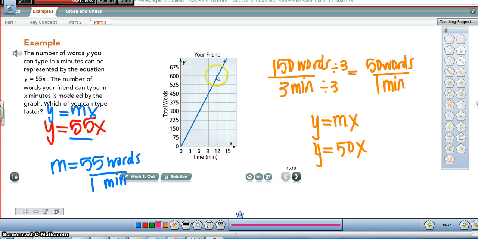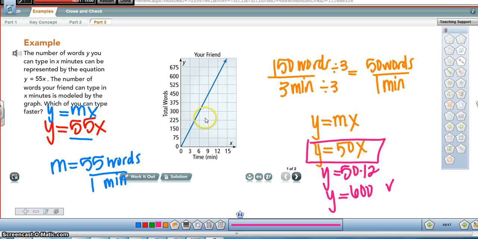We know that should make 600 words. Well, if we use 12 for our x value, does our equation also calculate 600 words? Yeah, it kind of checks out. We know that this equation models the graph. And we would say that you are the faster typer.